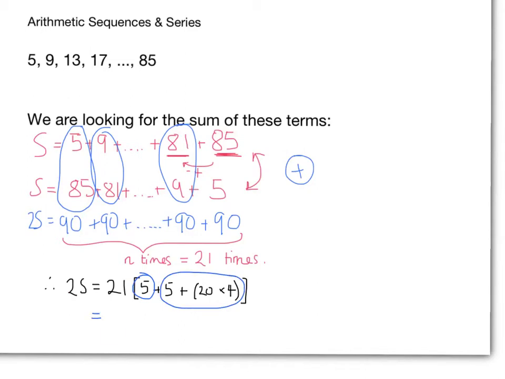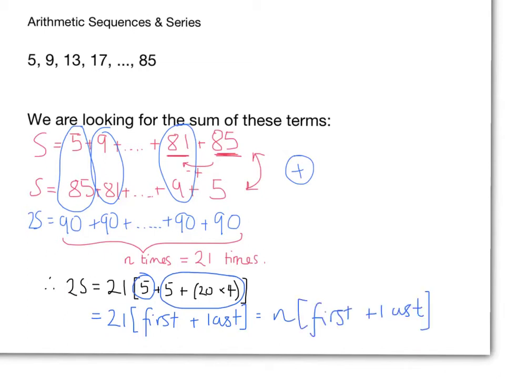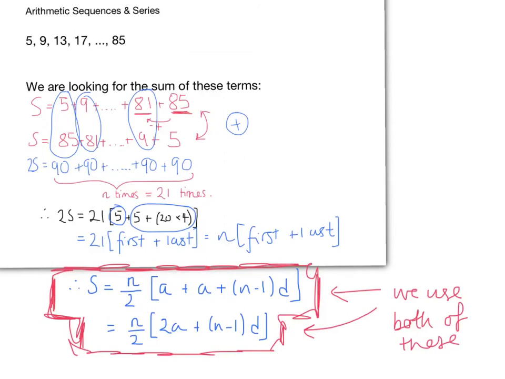So we've got 2S is 21 times (first plus last), or n times (the first term plus the last term). Then by dividing by 2 on both sides of the equation, we get these two formulae, which we use both of. So write these down in your survival kit.